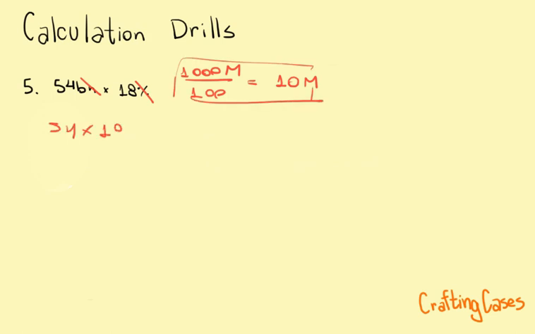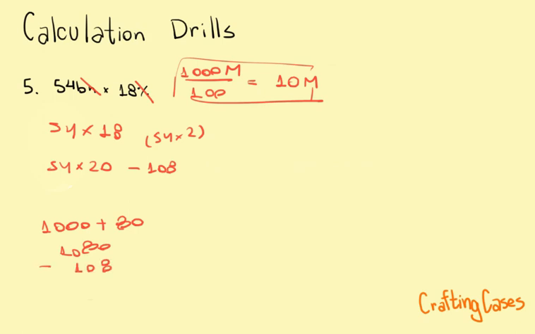54 times 18. How am I going to do this? Well, let's turn this into 54 times 20 minus 108, which is 54 times 2. Okay? What's 54 times 20? 50 times 20, 1,000. 4 times 20, 80. 54 times 20, 1,080 minus 108, which is actually 10% of this.